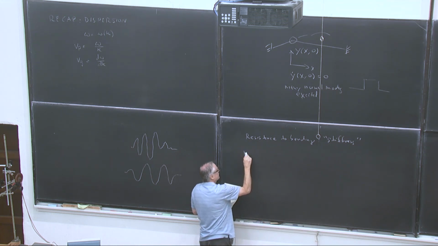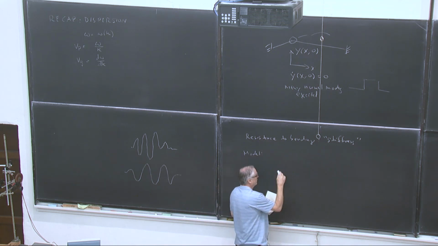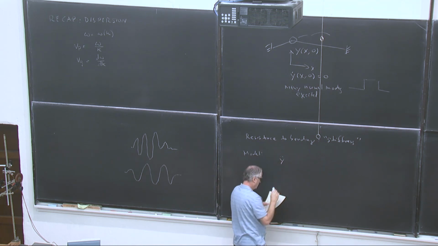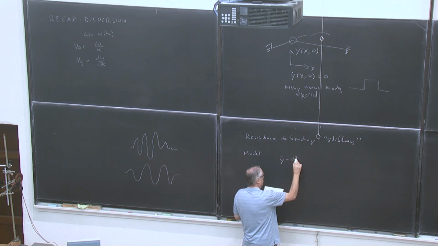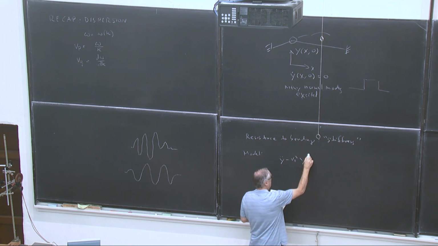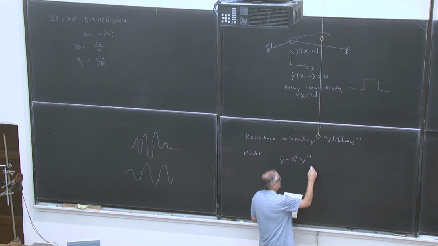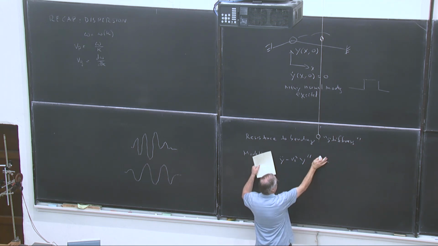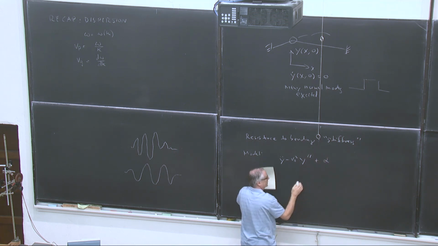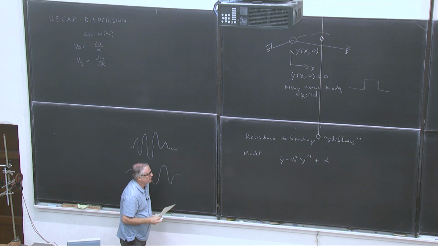So a model for this stiffness is that my wave equation looks like y double dot minus v naught squared, second derivative with respect to x, plus a stiffness term. So this would be just our ordinary oscillator that we're exciting here.